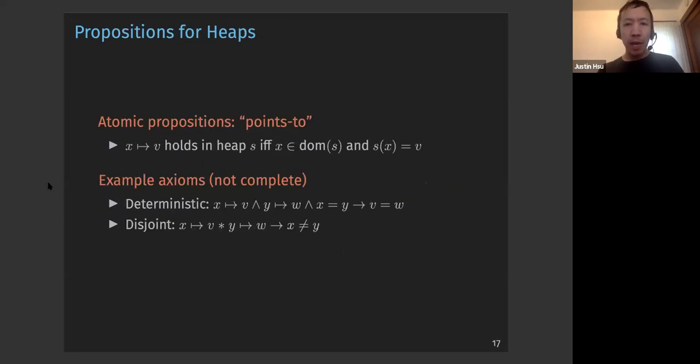Okay, the last thing we need to complete our treatment of the heap model of BI is atomic propositions to talk about heaps. In separation logic, as presented by Ishtiaq, O'Hearn, Reynolds, and Yang, you have an atomic proposition called points-to, where X points to V holds in some heap S exactly when X is in the domain of S and S of X is equal to V. So this holds in a heap if the address X is allocated, and the heap at address X contains the value V. Along with this, you can have some example axioms.